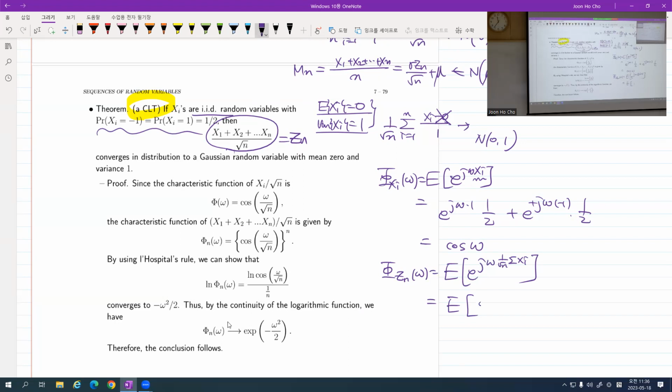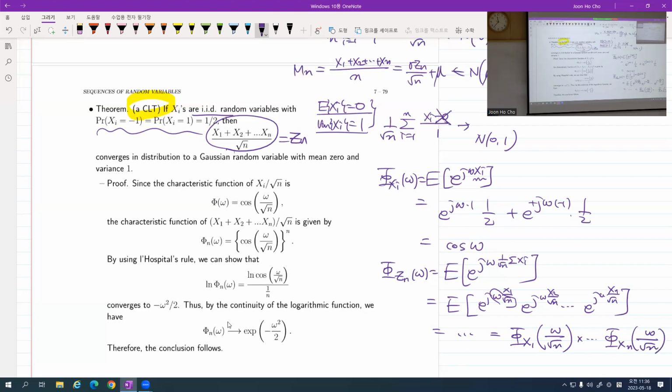The summation can be written as a product. So you have e to the j omega x1 divided by root n, times e to the j omega x2 divided by root n, and so on up to e to the j omega xn divided by root n. And from the independence, this becomes the product of expectations, right? And you have the characteristic function of x sub 1 evaluated at omega divided by square root of n, times up to the characteristic function of x sub n at omega divided by square root of n.